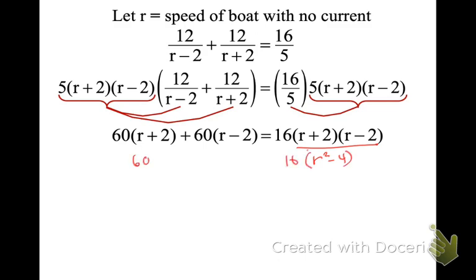And here I'm getting 60r plus 120 plus 60r minus 120. And now my 120s are going to cancel. So I'm left with 120r equals 16 r squared minus 64. Subtracting the 120r.